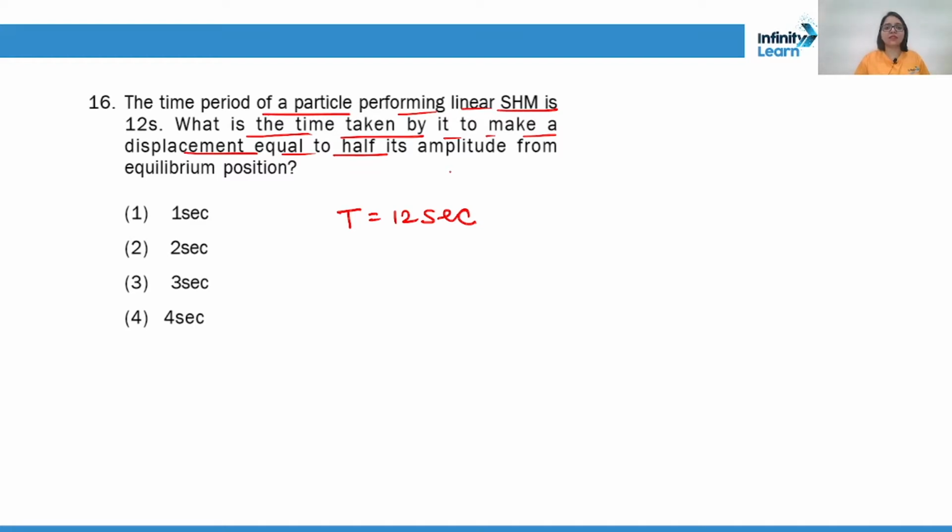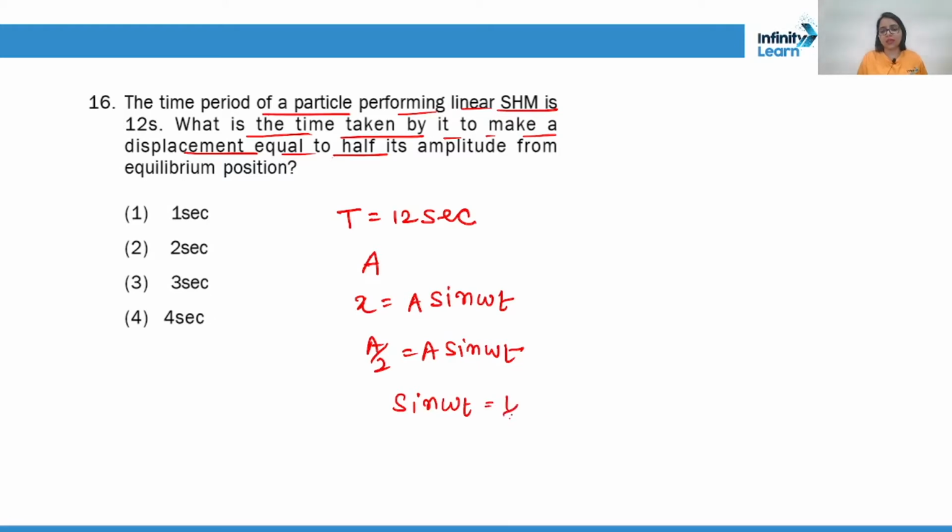Based on SHM, we need to find the time taken by this particle to make a displacement equal to half its amplitude from the mean position. So you can assume that the amplitude is A and the equation of SHM is x equals A sine omega t. Now displacement x is given as A by 2. So A by 2 will be A into sine omega t. That means sine omega t should be 1 by 2.